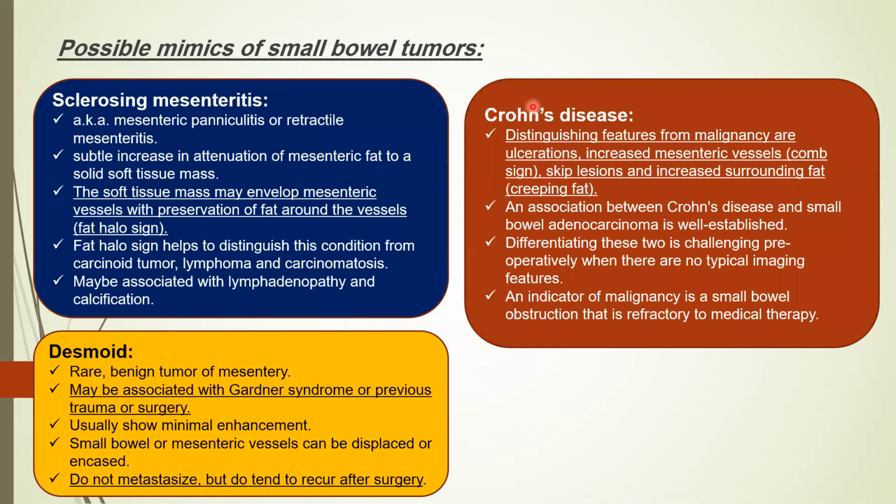And in many cases, histopathology is needed to differentiate. But the features are the ulceration, increased mesenteric vessels, comb sign, skip lesions, and increase in the surrounding fat.